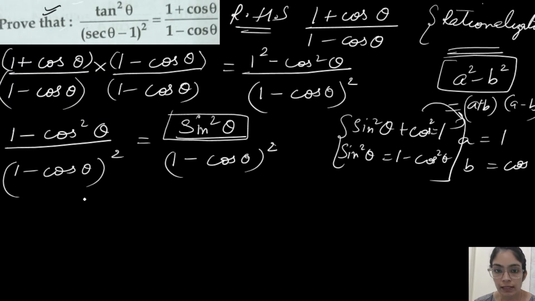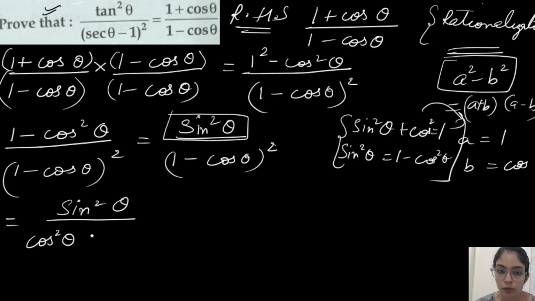Sine square I already have, sine square theta. In the numerator, I'll take cos as a common factor and take it out. When I take cos out, it will be in its whole square form.